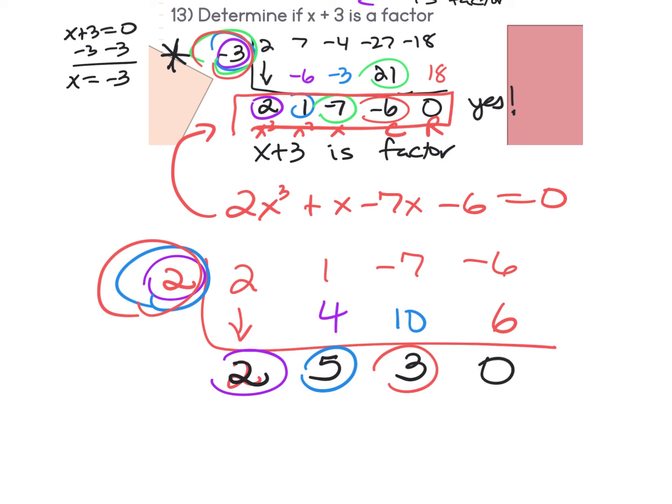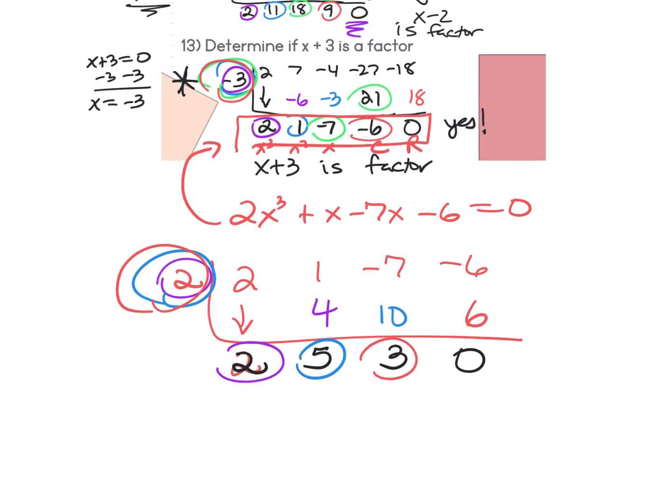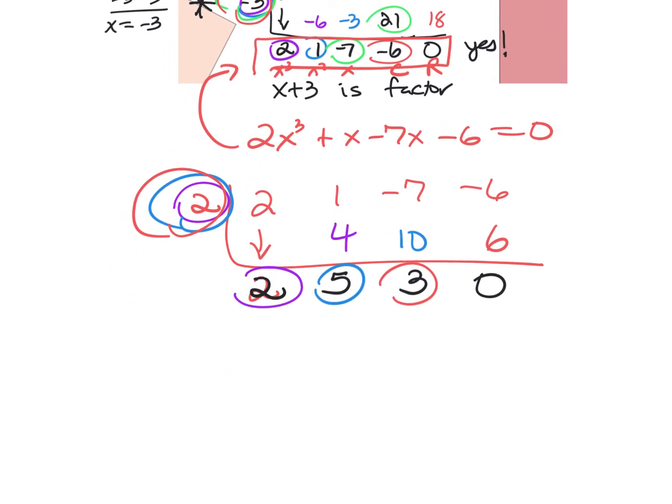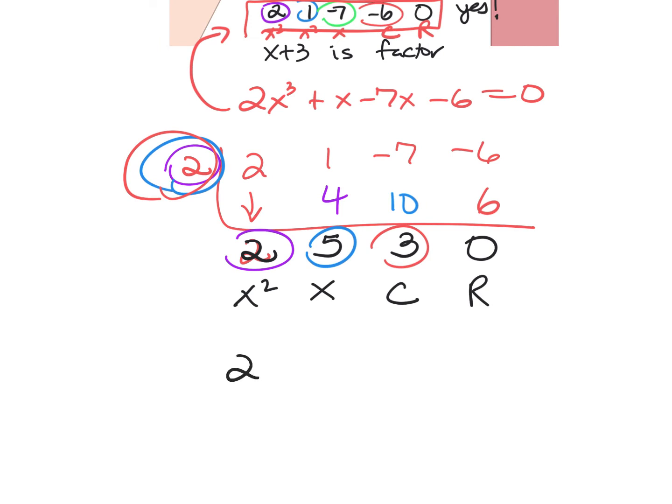So I already knew 2 was a factor because I already did it on number 12. So now I have a quadratic. So now remainder, constant, x, x squared. So now I have 2x squared plus 5x plus 3.